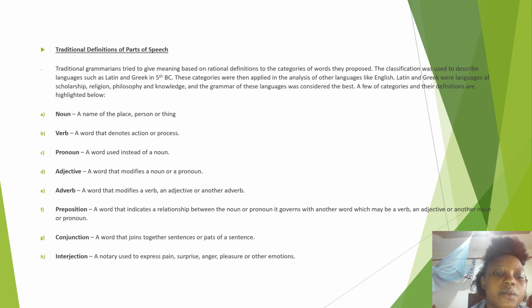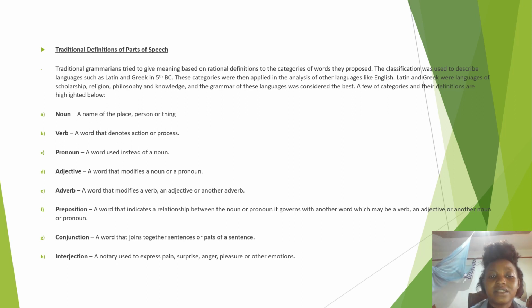The third part of speech is the pronoun, which was identified as a word used instead of a noun. The next part of speech is the adjective, a word that modifies a noun or a pronoun. The next one is the adverb, a word that modifies a verb, an adjective, or another adverb.